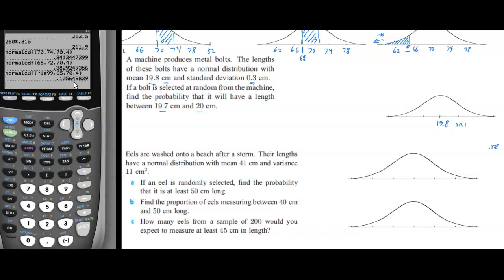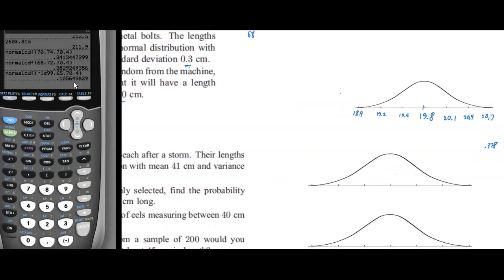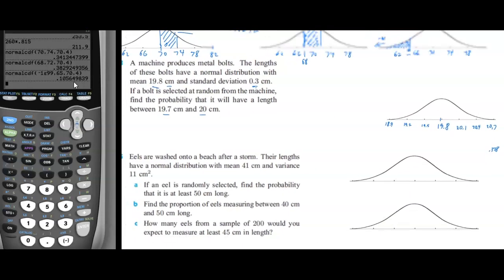If I add 0.3 to that, I would get 20.4. If I add 0.3 to that, it would be 20.7. If I subtract 0.3 from 19.8, it would be 19.5. If I subtract 0.3 from that, it would be 19.2. And if I subtract 0.3 from that, it would be 18.9.